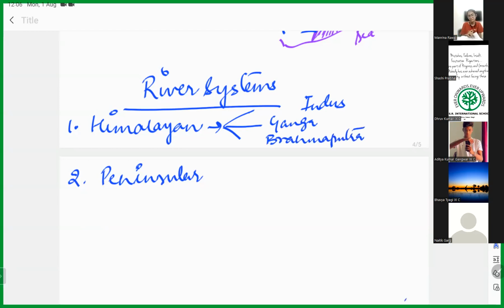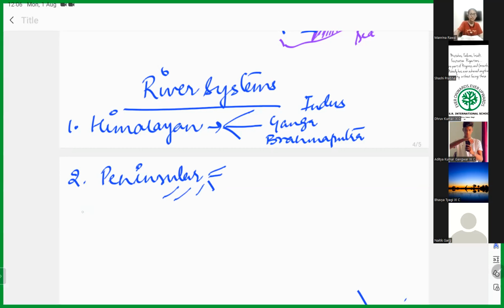Very good. And when we talk about the peninsular rivers, how many peninsular rivers do we have? Six. Yes, we have six.